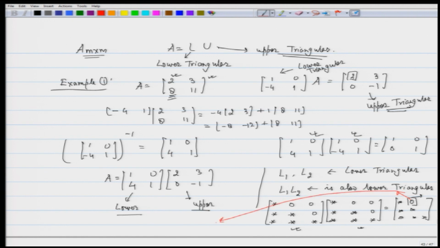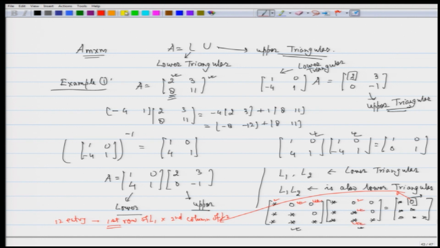I think that entry is the 1 2 entry. So, it corresponds to first row of L1 times second column of L2. So, if you look at the first row of L1, there is a star here, you have to multiply with 0 here, then 0 here has to be multiplied with this star, and this 0 has to be multiplied with this star, and therefore, it is 0, fine.